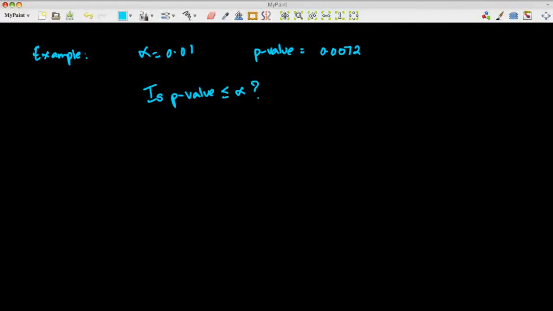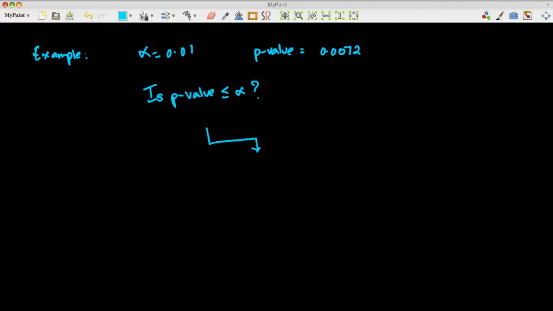Take another example. Suppose alpha is 0.01 and p-value is 0.0072. You ask yourself this question: is p-value less than or equal to alpha?